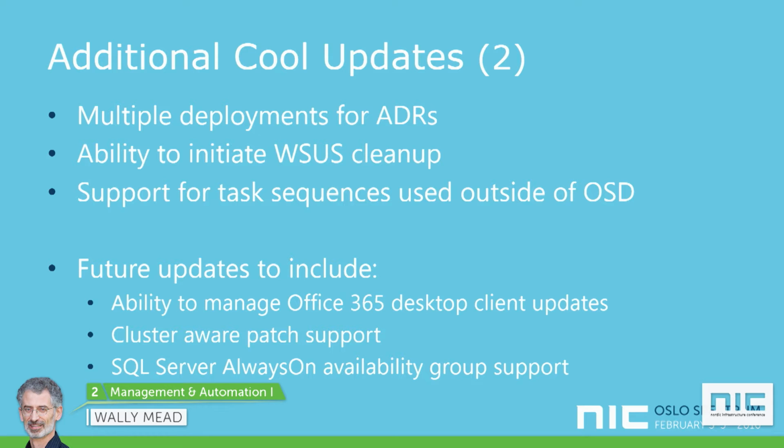Cluster-aware patch support. So the ability of treating multiple different computers as a kind of single entity for software updating. And then being able to designate, here's a collection of 20 computers in it, I want to treat as a cluster. I only want you to shut down or patch 50% of those at a time. And don't get the rest of them until that first 50% is done.